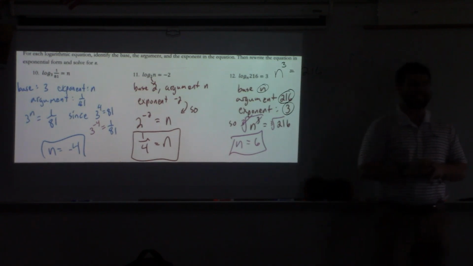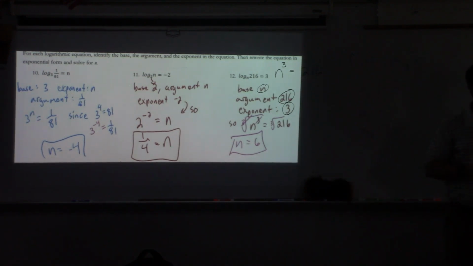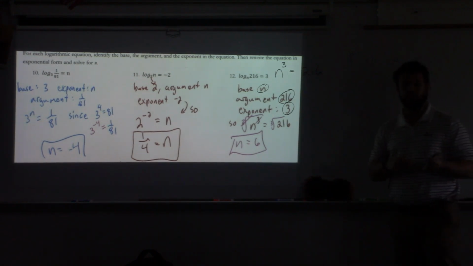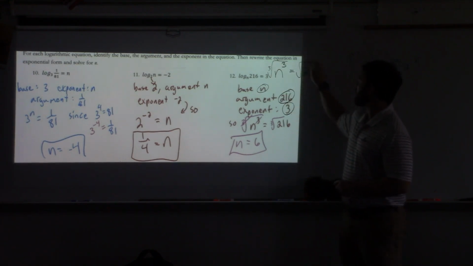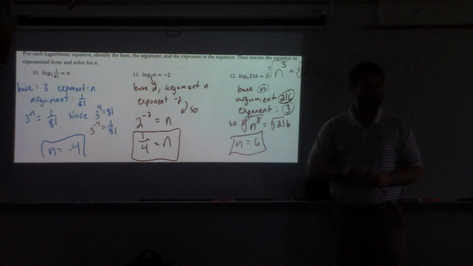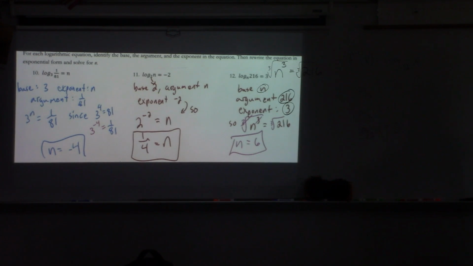So that is n cubed. What is the inverse of a cube? Not a square root, a cube root. So that's what I did there. That makes sense now? That's why I let y'all have a calculator, for that particular problem actually. The calculator wouldn't have helped too much on the others, maybe on number 11. But that's the thing: once you get your equation in a different form, continue thinking about those inverses.